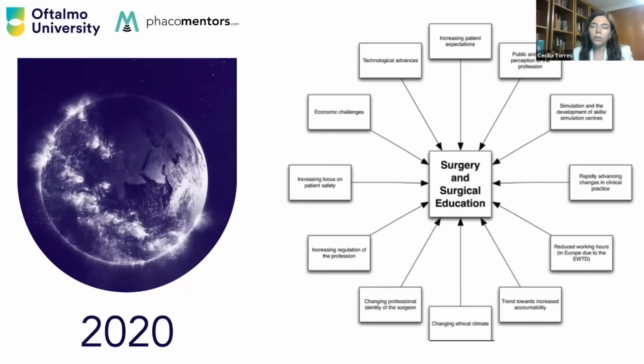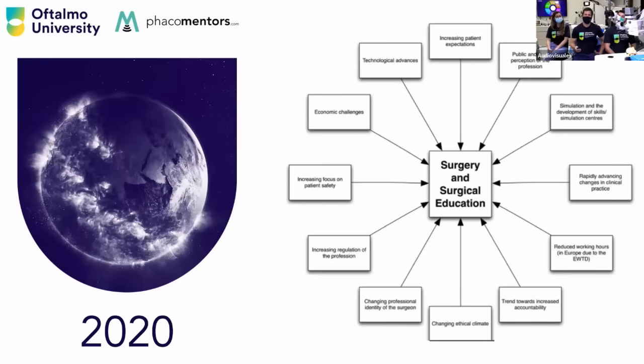On the other hand, as you were saying, it is much more difficult to find a patient who trusts his or her eye to a resident. Residents now have to earn the trust of their patients to be able to operate on a human being. And that is not only in books. You have to make a relationship with your patient so that they trust their eyes to you.